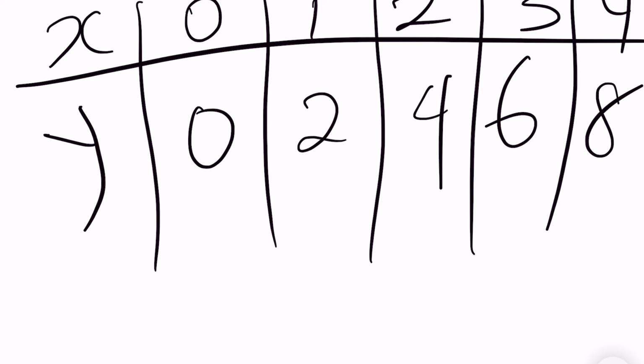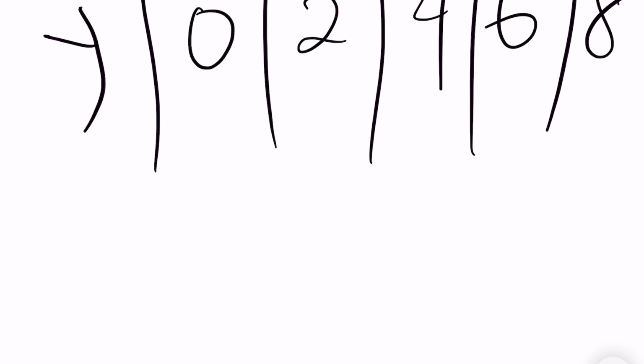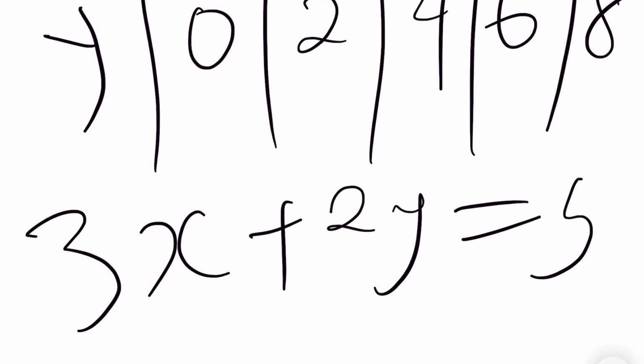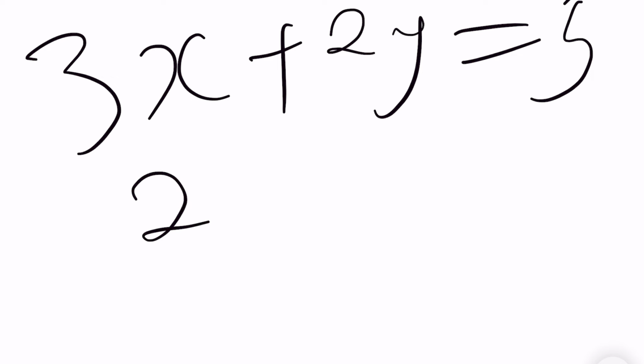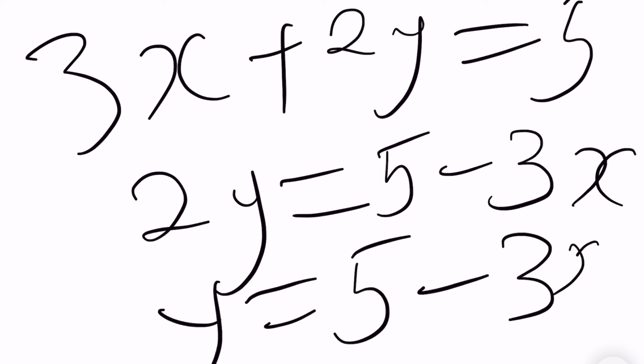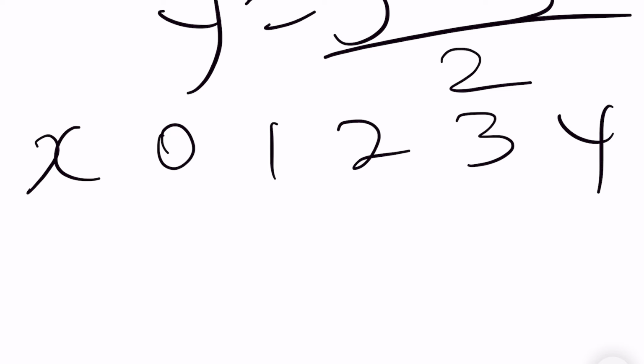Now, for 3x plus 2y equals 5, we have 2y equals 5 minus 3x. So we have y equals 5 minus 3x over 2. We have x as 0, 1, 2, 3, 4, and we have our y.